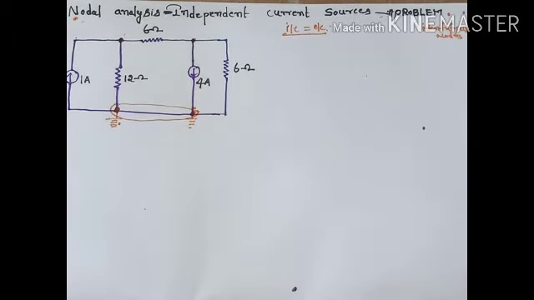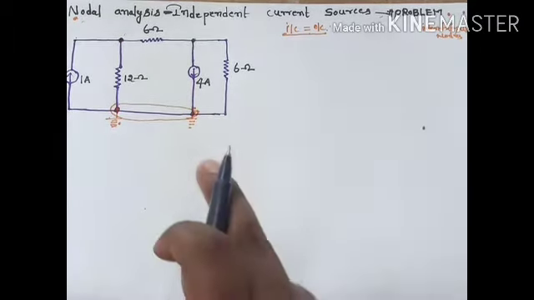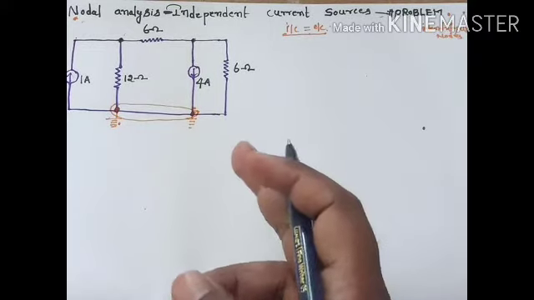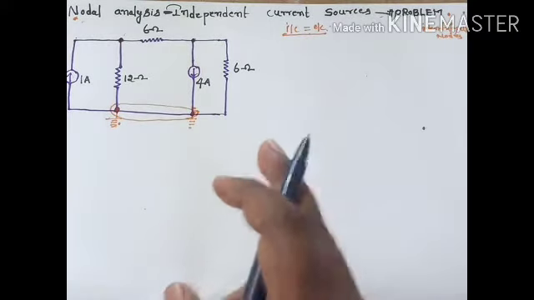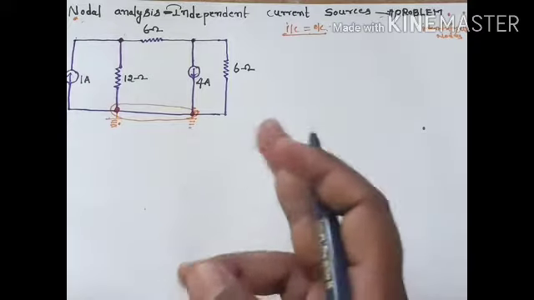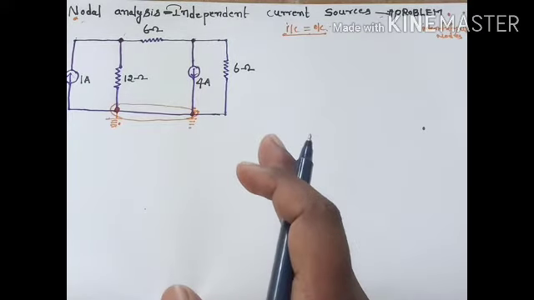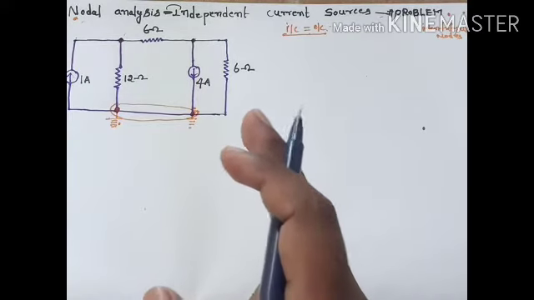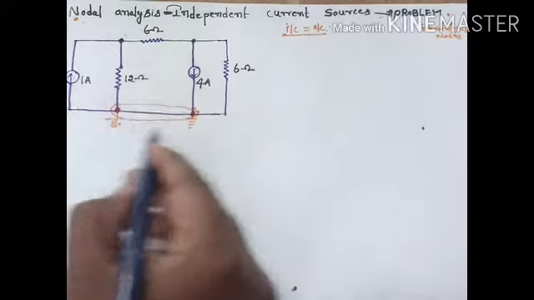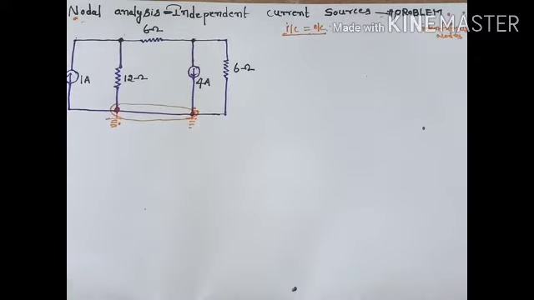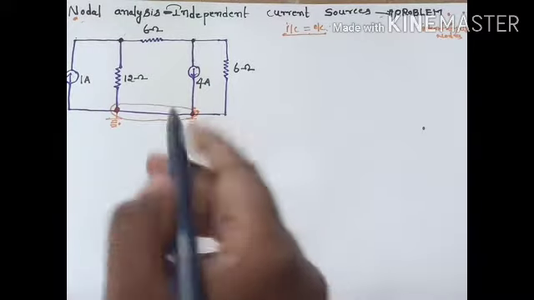In this situation we might have a doubt about which point we should take as the ground potential. For that we can say the node with the largest number of elements connected can be chosen as the ground potential, or you can take the bottom of the circuit.